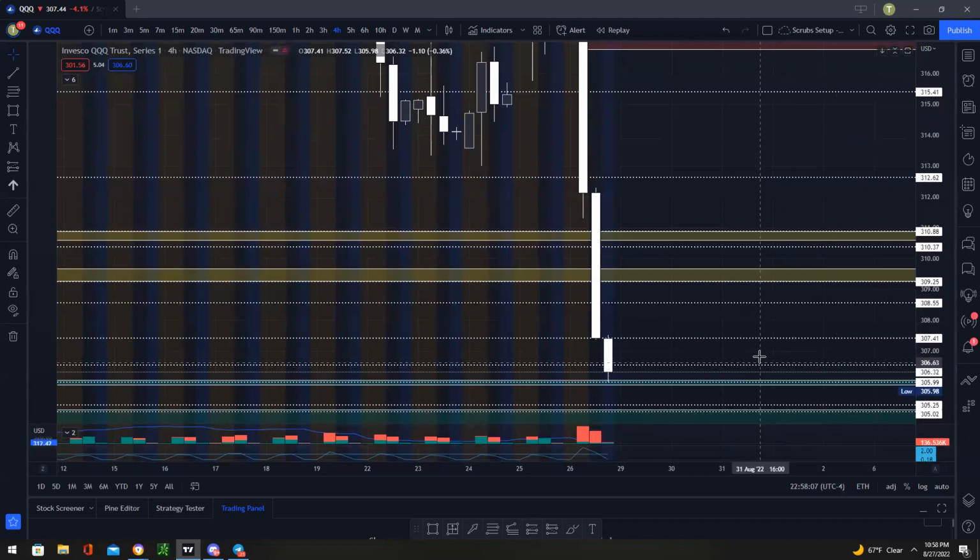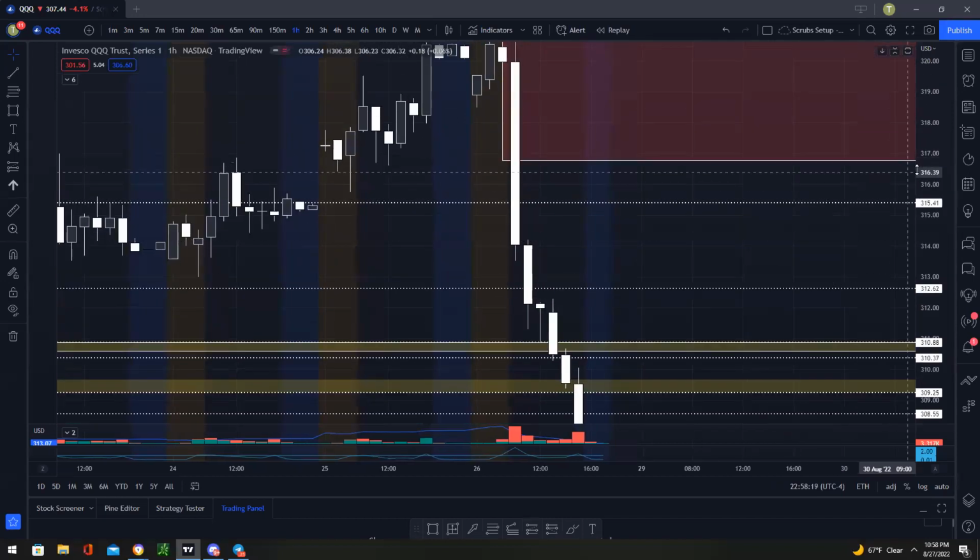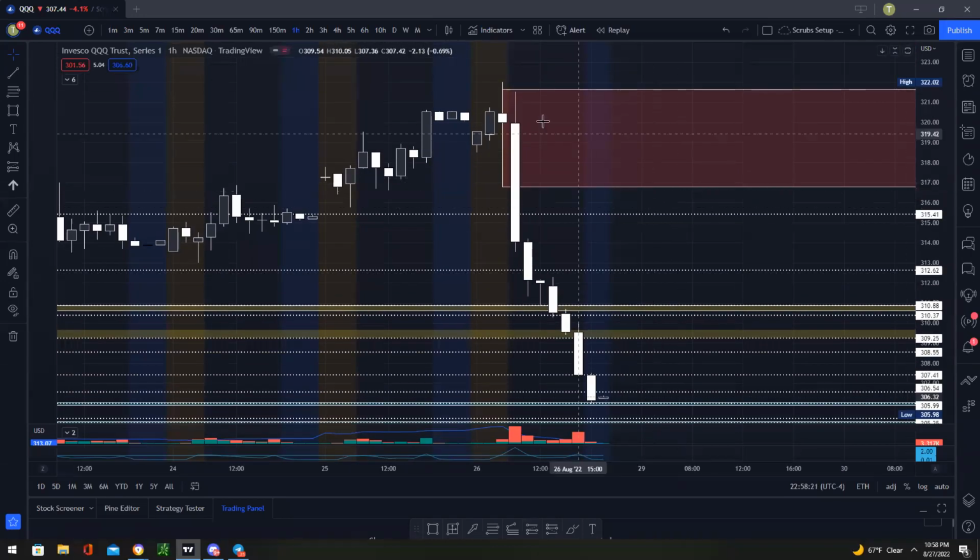So if we break above 307, then we already have our overhead 308.50, 309, 310, 312, 315, and then this area will be pretty strong. This is where everything kicked off. This is where all the liquidity pretty much was not able to fully get filled. So that is then creating a leftover supply zone of sell orders waiting to get placed.